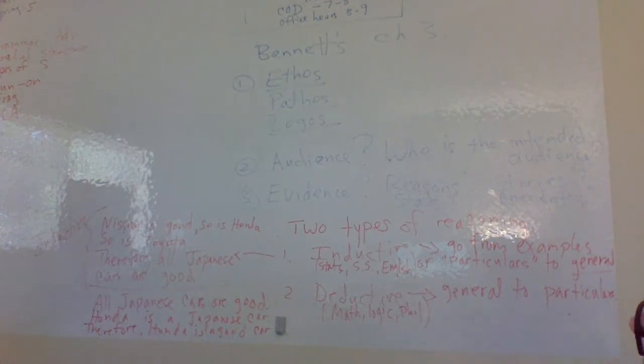Okay, all right, so now let's go into the two types of reasoning, and she goes into these in some detail, so read the chapter carefully. Let me go over the two types. Inductive reasoning goes from examples or particulars to a general conclusion.